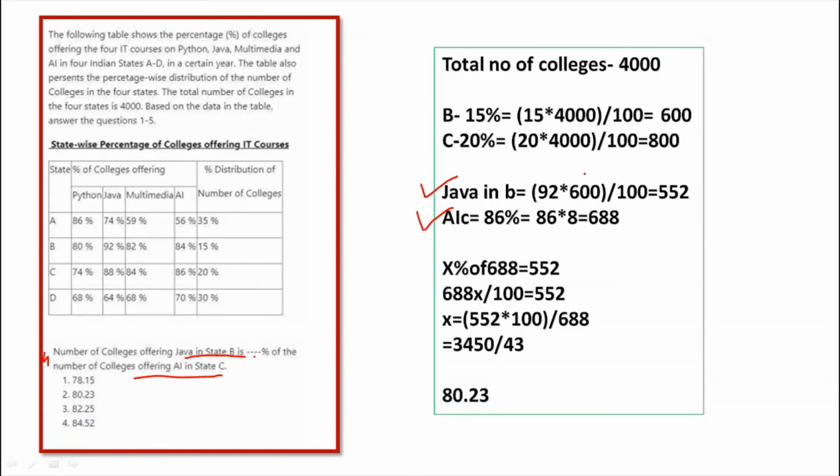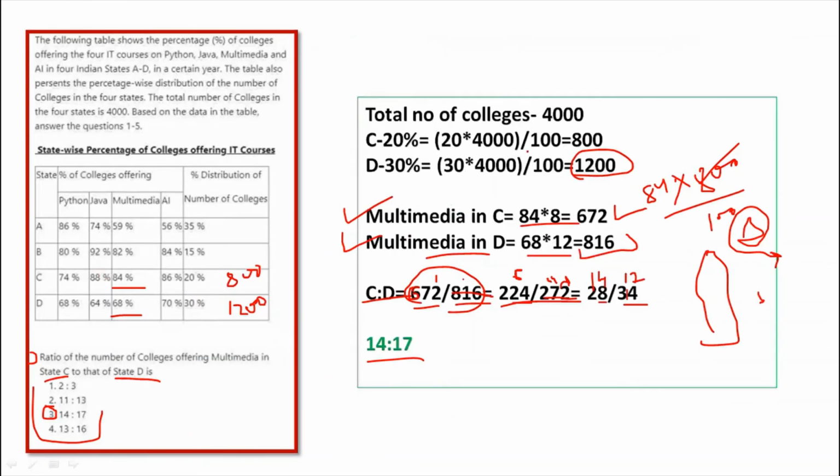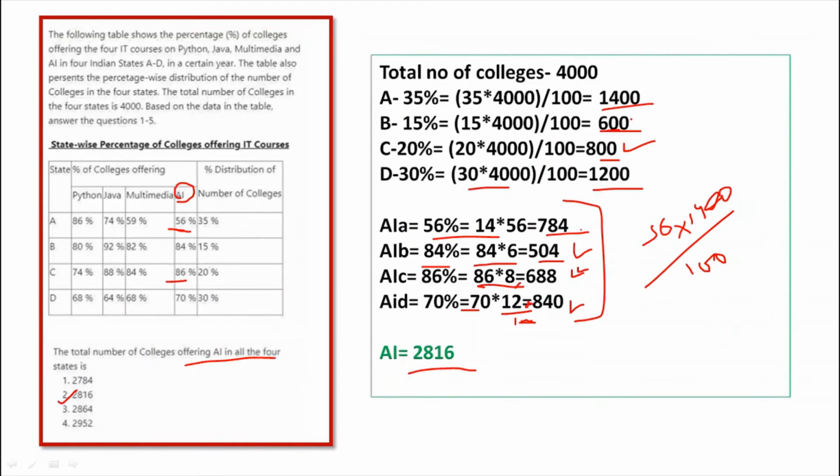So Java in state B is 92%, and AI in state C is 86%, right? And the total number of colleges in B is 600 and in C is 800.